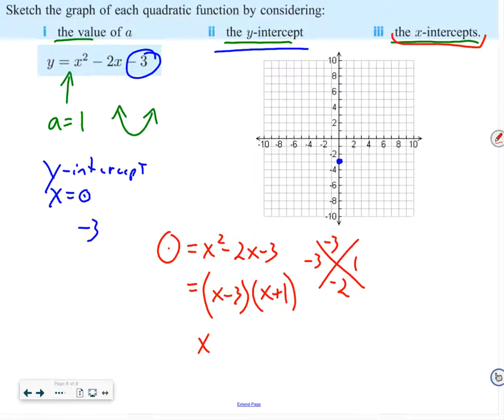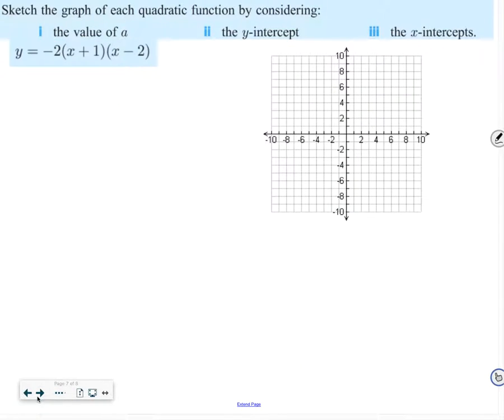That gives intercepts at x equals 3 and x equals -1. So I put that on my graph at x equals 3 and x equals -1. Now I have a general idea of my graph, and I know it's concave up because of my a value, so I can just connect the dots and get a general sketch of my quadratic here.